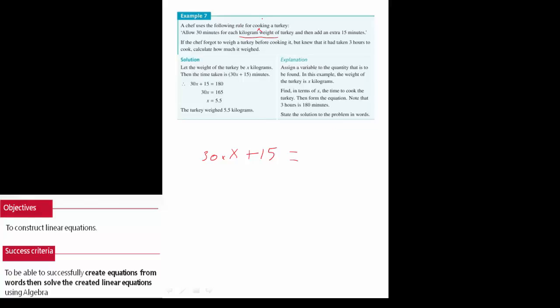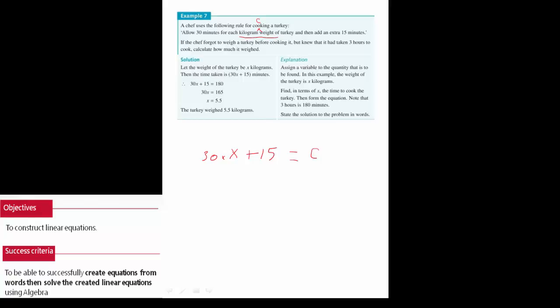Let's call it C. So we say C equals the cooking time. This is the actual formula for cooking. So if you know how many kilograms you've got, you will have the total time. And vice versa. If we know the total time, we will get how many kilograms, because it is abiding by this rule.